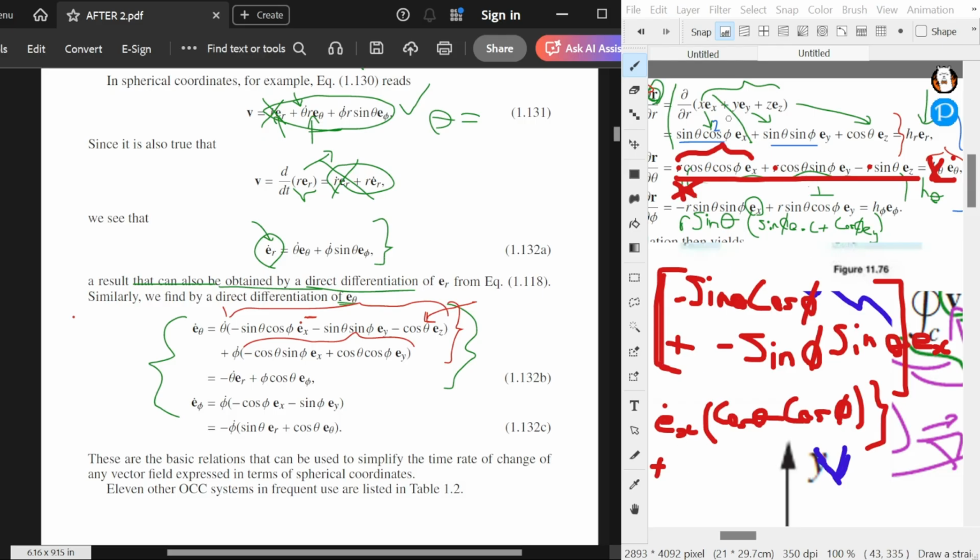Next up we have, let me change color. Changing color is not the best. I'll do it over here.